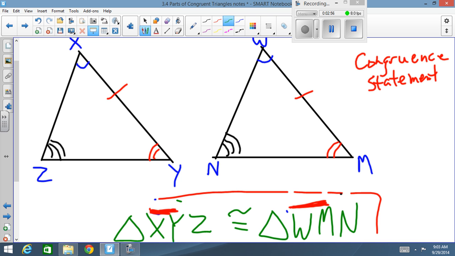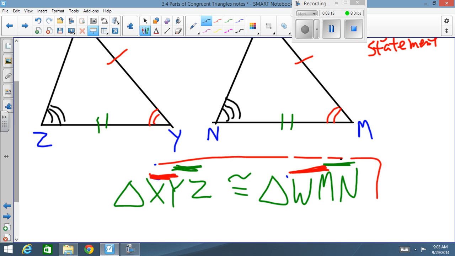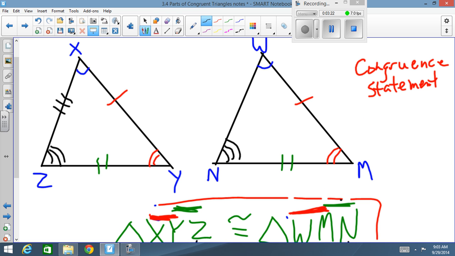Then, if you think of YZ and MN, same size. And then the one that's not as obvious, it's a little tricky, but you have XZ and WN. It's kind of like the first and the third letters. So XZ and WN. The congruent statement tells you which sides and which angles are congruent.